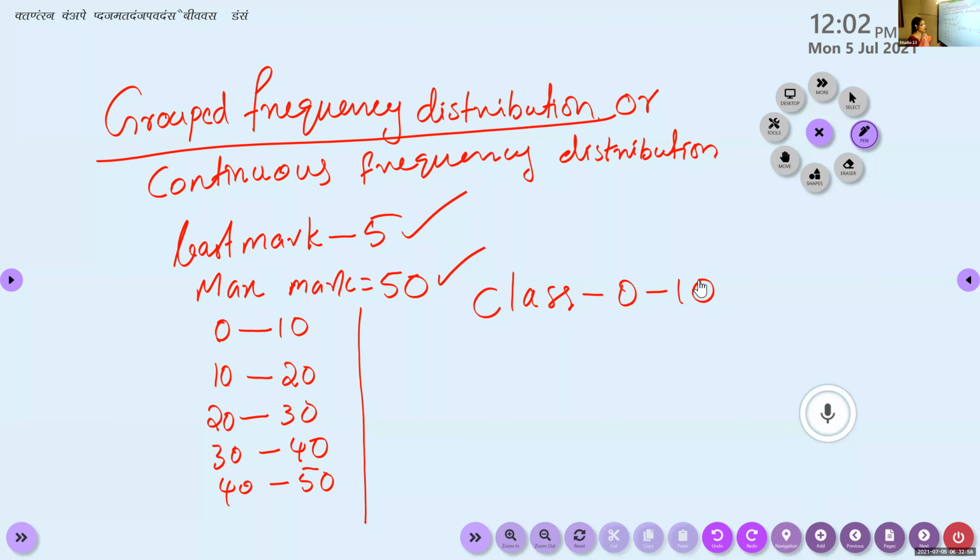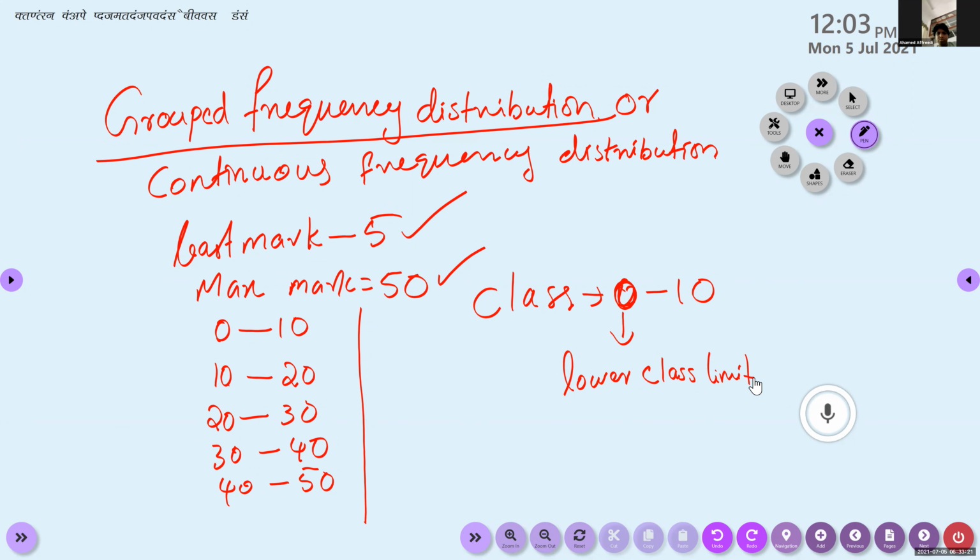The first class is 0 to 10. The second class is 10 to 20. The third one is 20 to 30, then 30 to 40, and 40 to 50. And this 0 is known as the lower class limit.